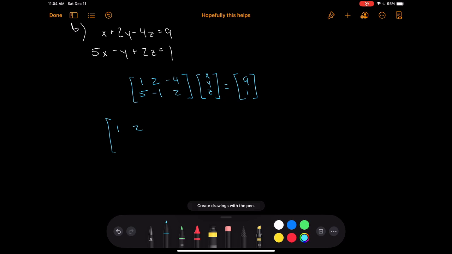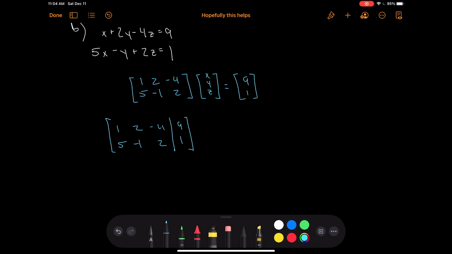And so we're going to have 1, 2, negative 4, 9, 5, negative 1, 2, and 1, or 9, 1 on the right side. And so now what we're going to do is put this in row reduced echelon form.